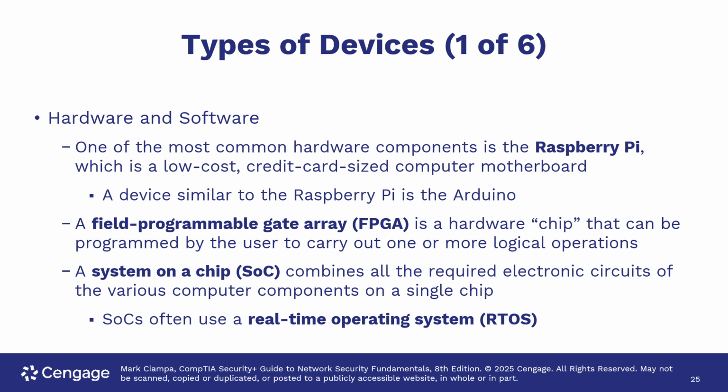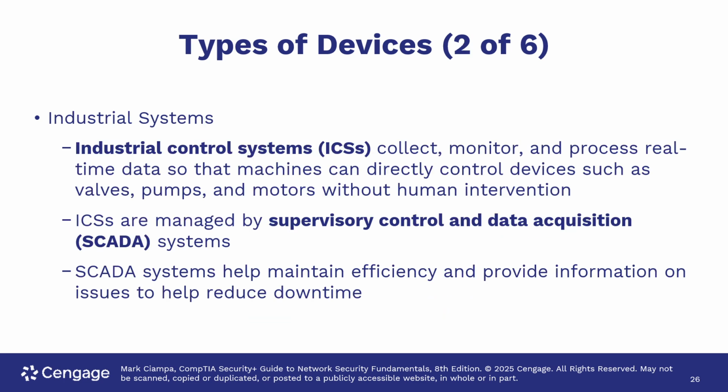A system on a chip, SoC, combines all the required electronic circuits of the various computer components onto a single chip. Those SoCs also can use a real-time operating system. Okay, your industrial systems, you have your industrial control system.